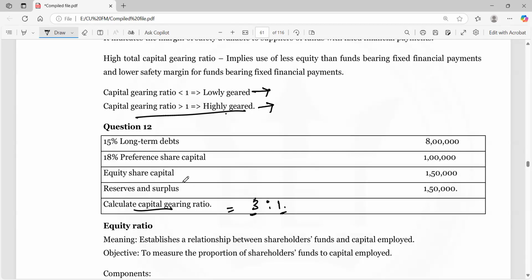DFL is equal to 1. If there is no interest, no financial leverage, DFL is... oh, EBIT, okay, sorry, I'm confusing. Sorry.